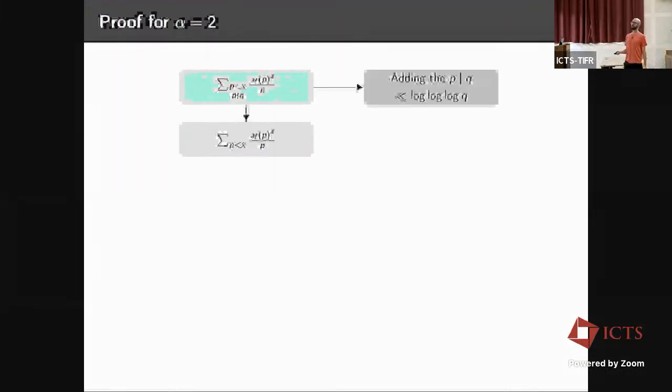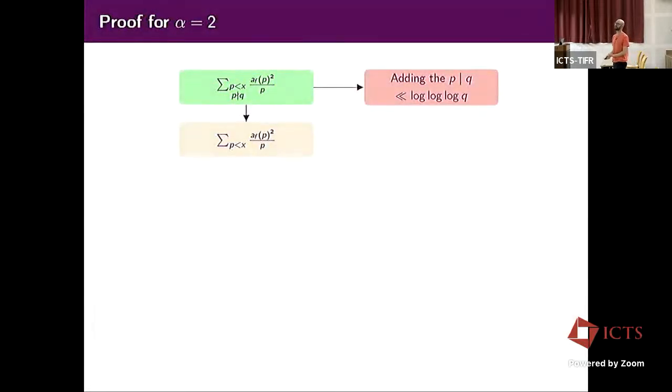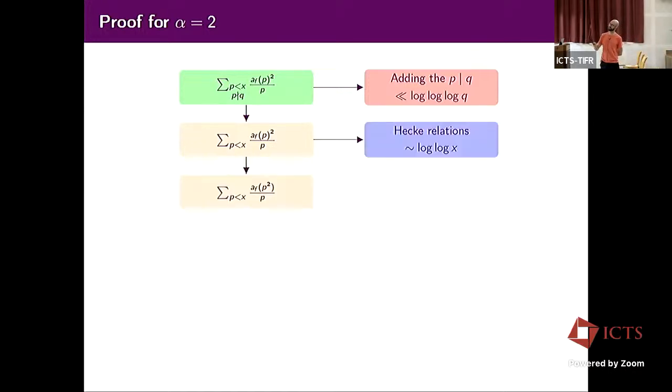Well, we can do various things to massage that in order for it to be manageable. We can add back the p dividing q, just to have a complete sum, and that contributes pretty small. The sum of 1 over p is log x, and p dividing q brings you an extra log q, the number of divisors.